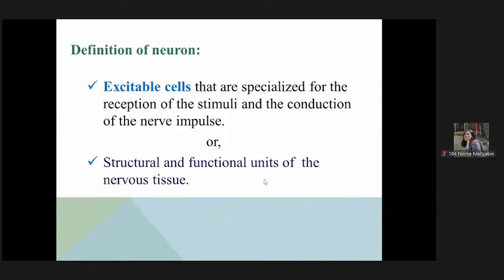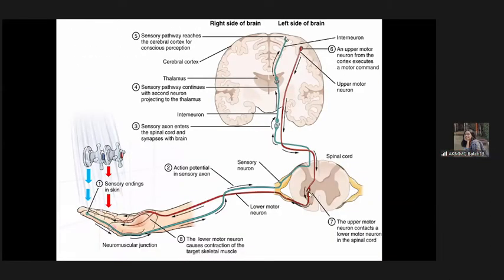And here we can see this is the cerebrum. Here we can see one neuron which transmits motor impulses to the anterior horn neuron. This is a pyramidal cell.